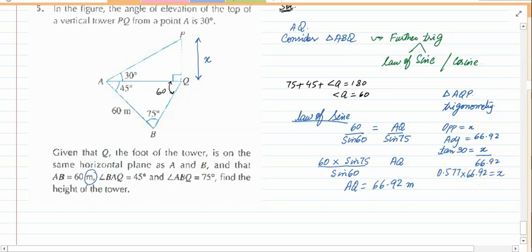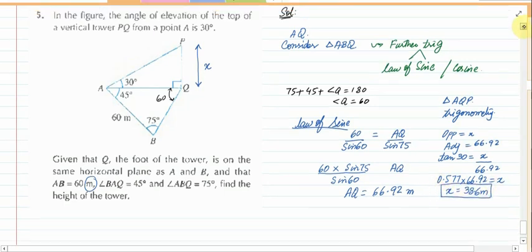So when you multiply these two, you will get x is equal to 38.6 meter. That means that is the height of the tower, right?